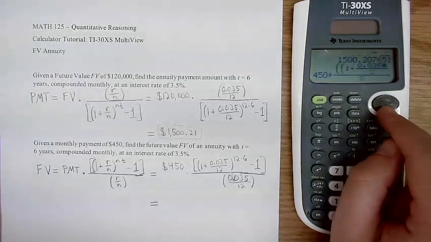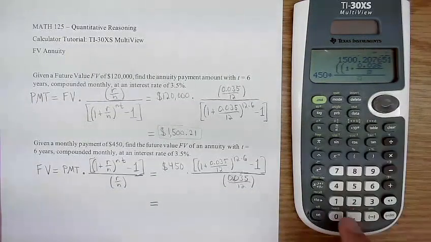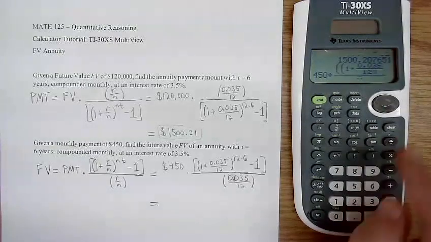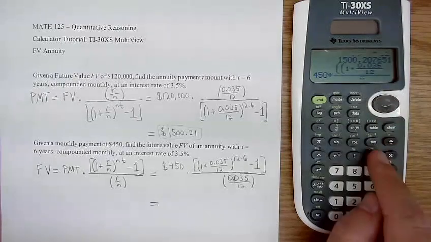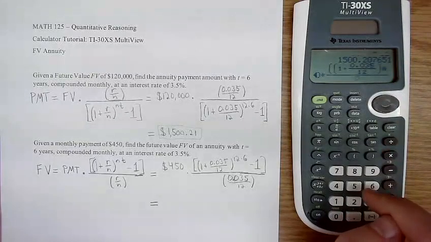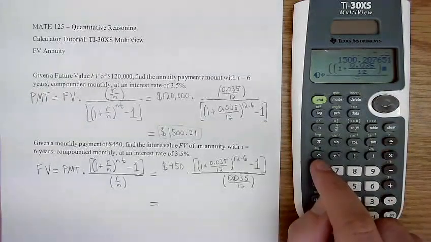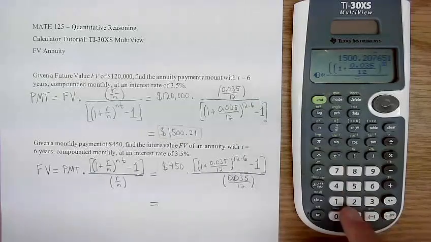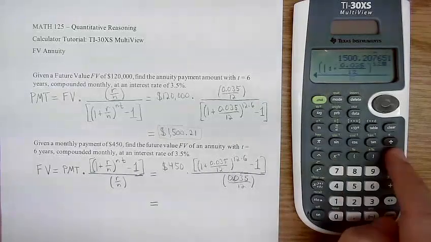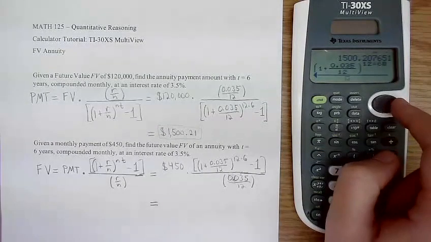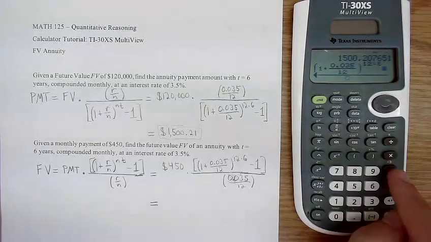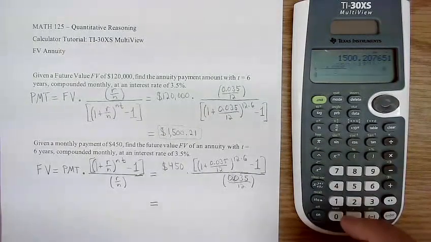I need to be on the bottom of the fraction, so I'll hit my down arrow to put me on the bottom, and I'll put in my N of 12. To leave the fraction, I again hit the right arrow, and I'll put in my right parenthesis. And now I need to be up in the exponent, so I hit the exponent button, the caret button, and I'll do my 12 times 6.